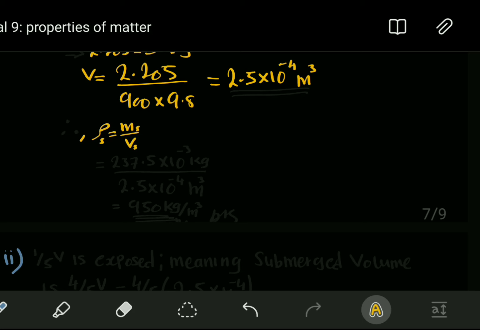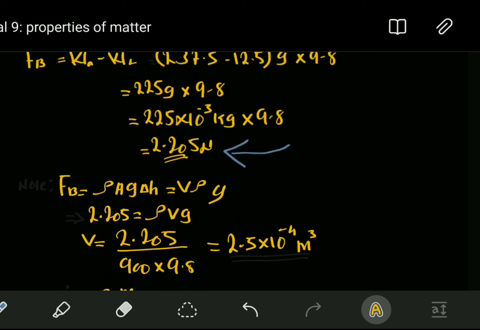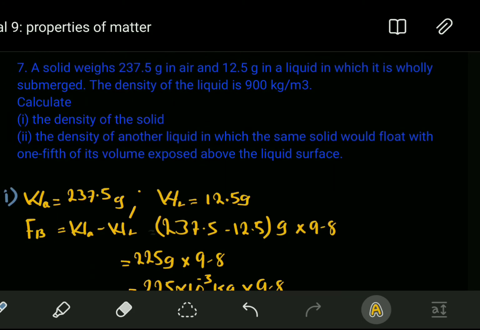The mass was given, which is 237.5 times 10 to the minus 3 kg divided by the volume, giving the density of the solid as 950 kilograms per cubic meter.